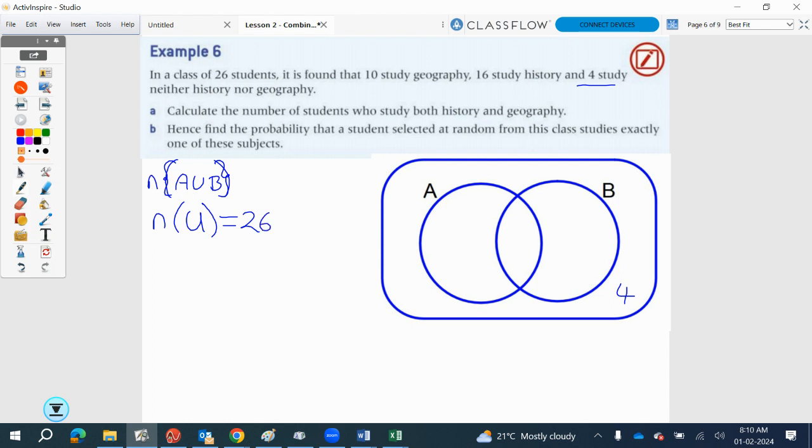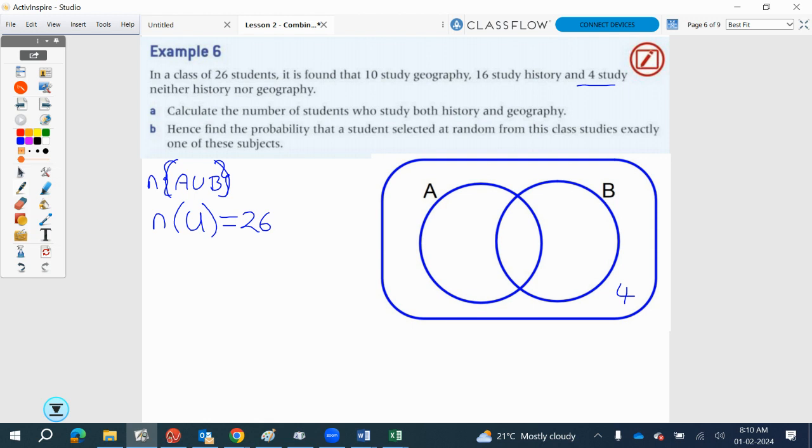If there are 4 students here in this space, the rest are in the union of A and B. There aren't 26 students in the union of A and B because some take both and you'll be counting them twice.